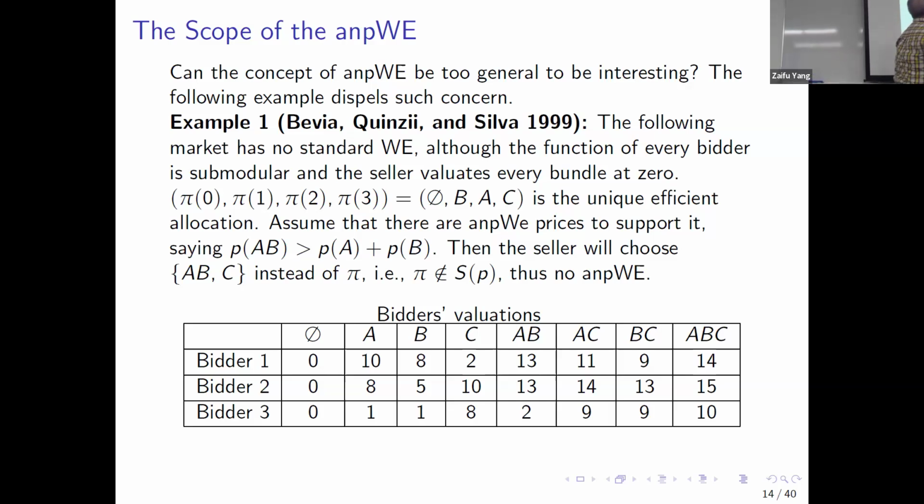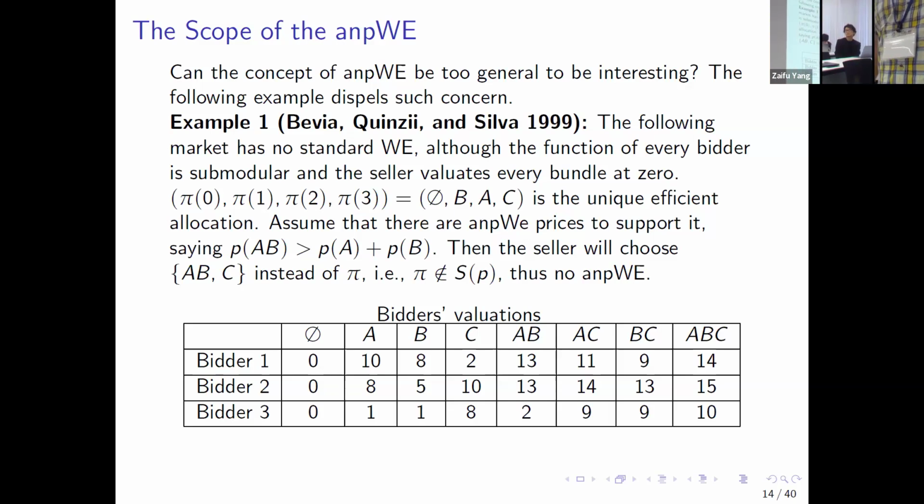In order to have a nonlinear price, the seller might set the price of bundle AB strictly greater than selling them separately. Then the seller will choose this bundle together with C. But in this case, this pair is not in the supply side of the seller.